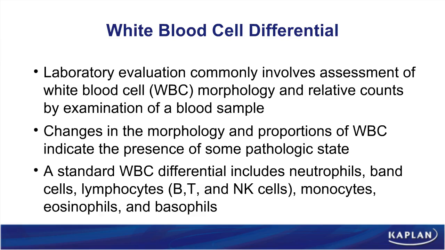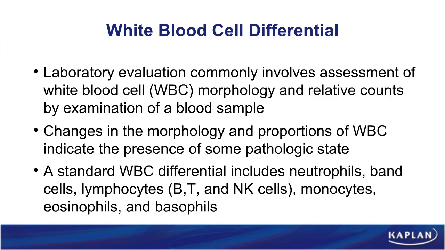You're going to get platelet counts, but with regards to your leukocytes, you're typically going to see inclusion of your proportions of neutrophils. Falling under your neutrophils, they will also give you a count of your band cells. You will get a complete count of your lymphocytes, and those lymphocytes are going to include your B, T, as well as your NK cells. You will receive counts for your monocyte levels, eosinophil levels, and then finally basophil levels.